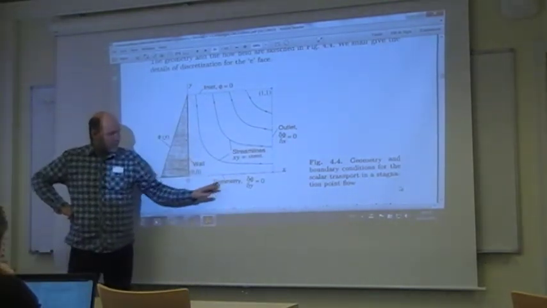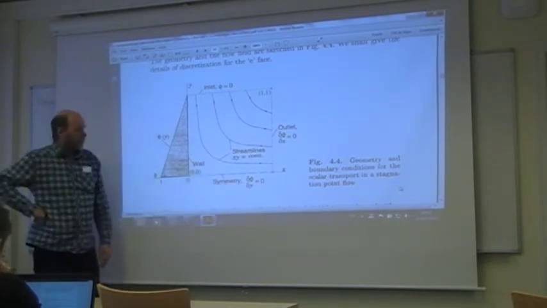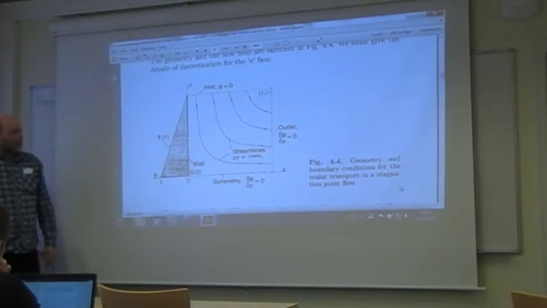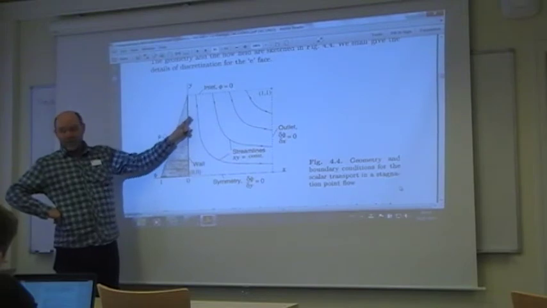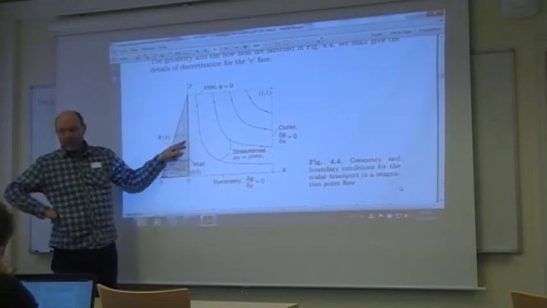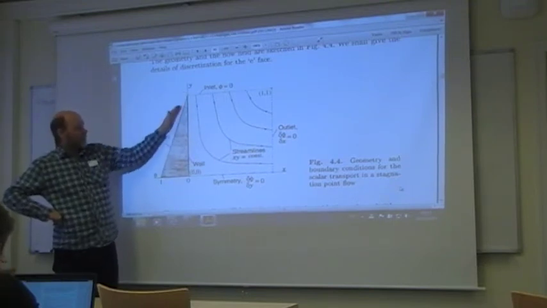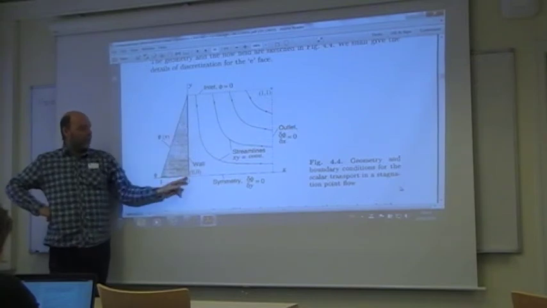The bottom wall is just a symmetry line, so again, a Neumann condition there. And then to the left, along this, actually a streamline, no velocity is crossing the y-axis. But we have a concentration of phi here that will change from 0 to 1.